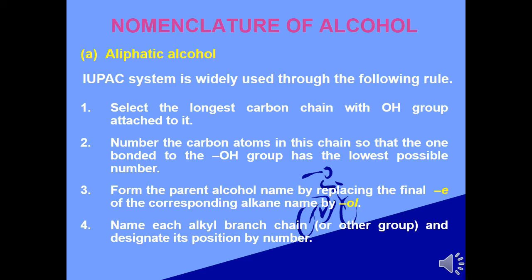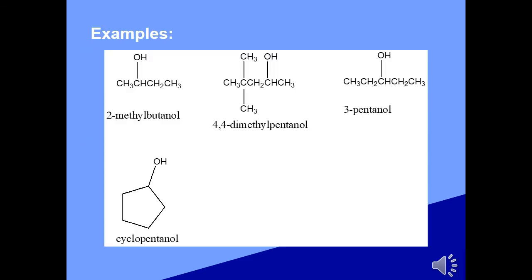Second is number the carbon atoms in this chain so that the one bonded to the OH group has the lowest possible number. Third is form the parent alcohol name by replacing the final E of the corresponding alkane name by OL. Fourth is number each alkyl branch chain or other group and designate its position by number.